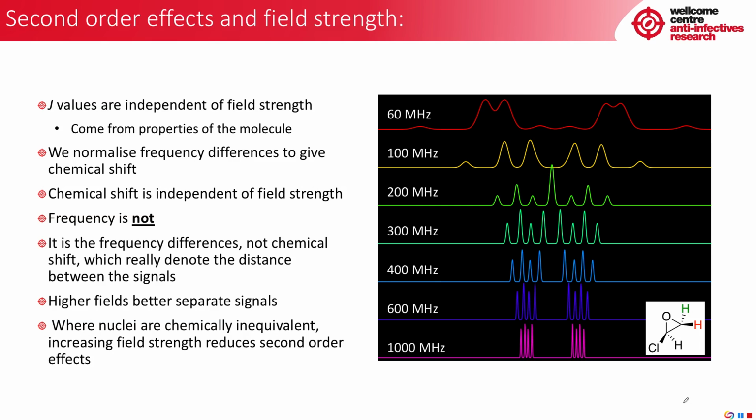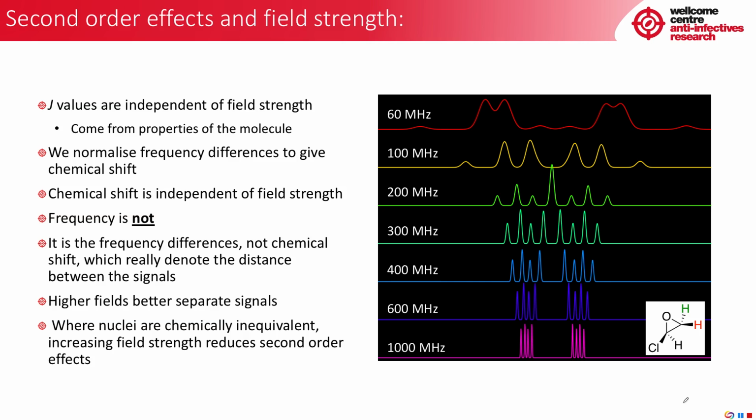What your NMR spectrum actually measures for the nuclei is a frequency, and the frequency is not independent of the magnetic field. And it is the frequency differences, not the chemical shift differences, which actually denote the difference between the signals. The way this shows up in your spectra is that you will see the standard chemical shift, but if you were to actually look, the frequency range contained within 1 to 2 ppm is different on a 400 megahertz spectrometer to a 100 megahertz spectrometer, so it would be 4 times greater.